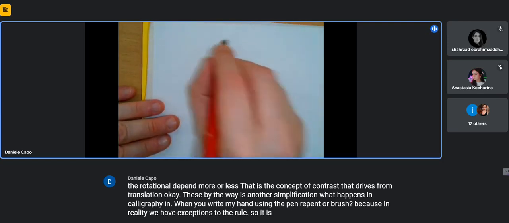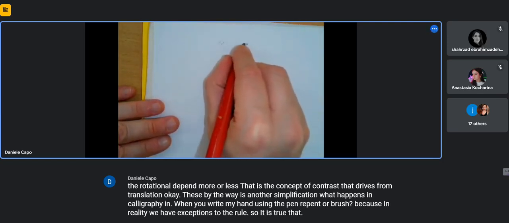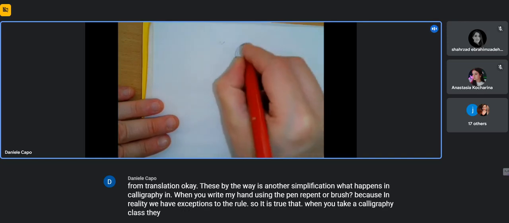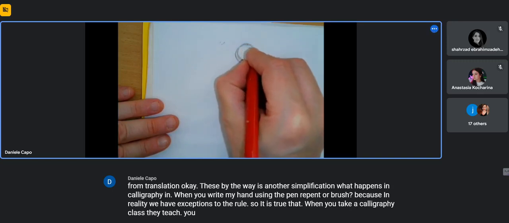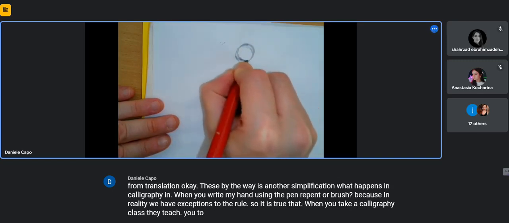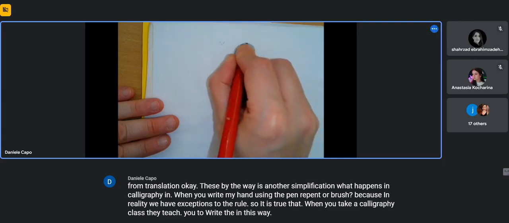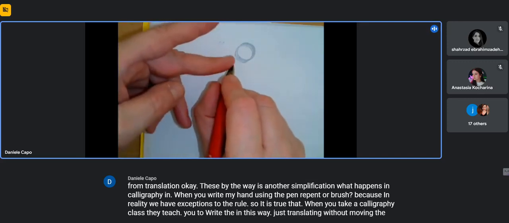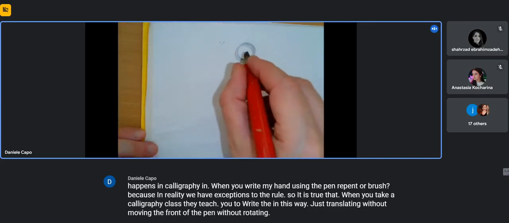It is true that when you take a calligraphy class, they teach you to write the O in this way, just translating without rotating the front of the pen.